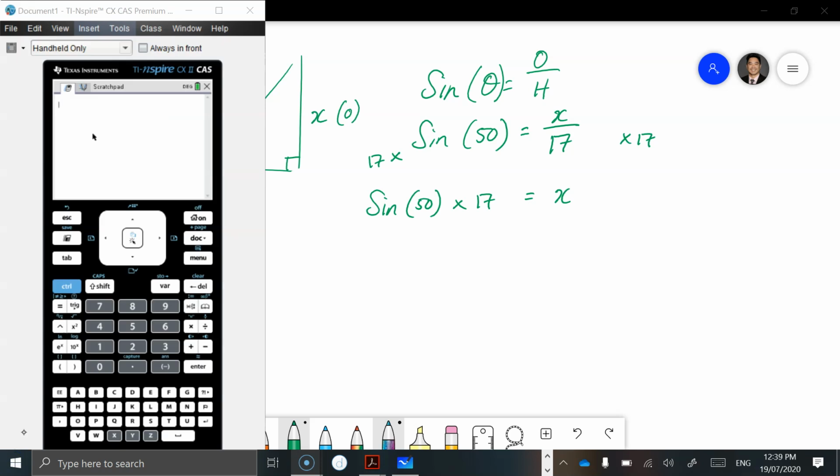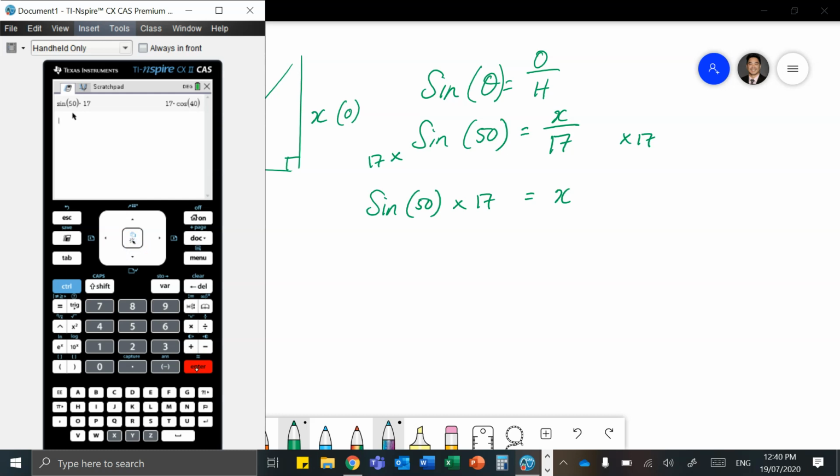So we're going to get our calculator out, and in this case I've got my graphics calculator out instead of the scientific one. The other emulator wasn't working, so we're going to work with this for the moment. You will select the sine button, populate it with 50, make sure you close the brackets, then multiply by 17 and hit equals.